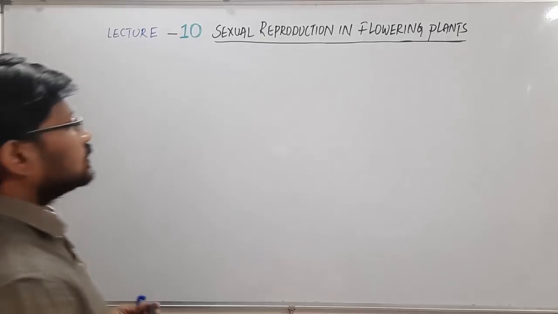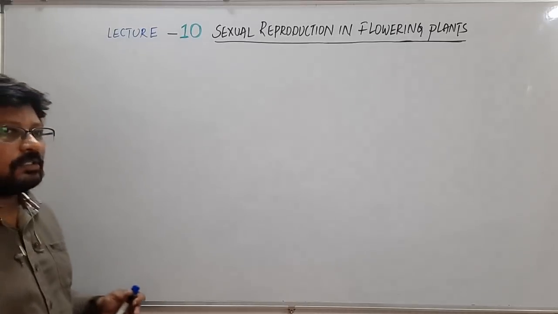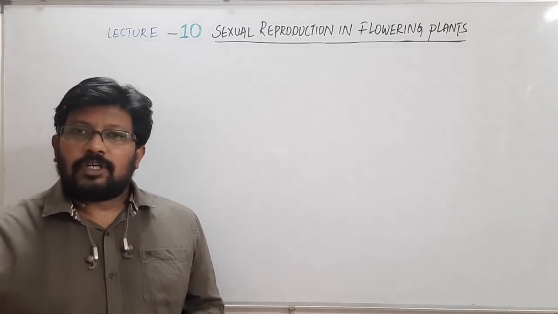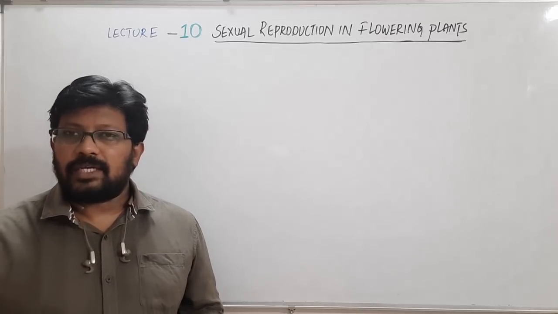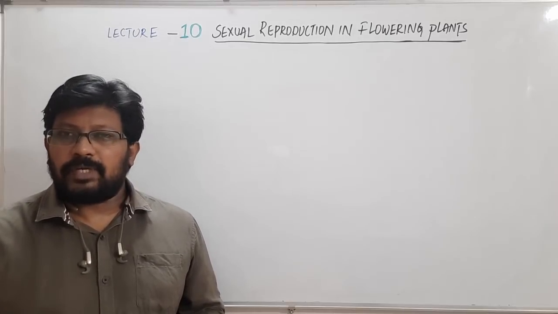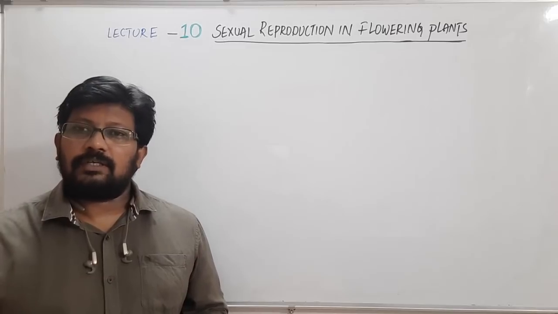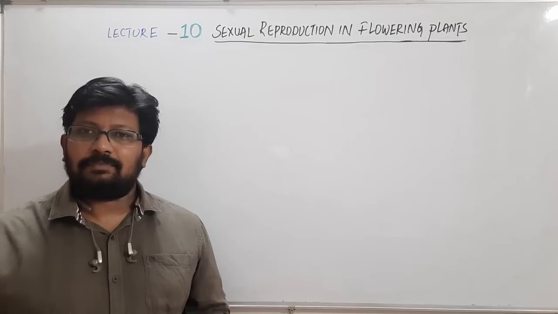In the last video I told about the fruits, which are of two types, the false fruits and true fruits. In false fruits, parts of the flower like the thalamus help in the formation of the fruit, whereas in true fruits, no parts of the flower are involved in the formation of fruit except the ovary.